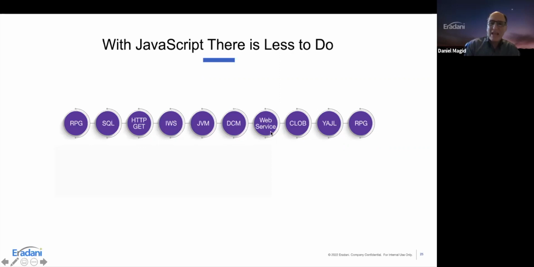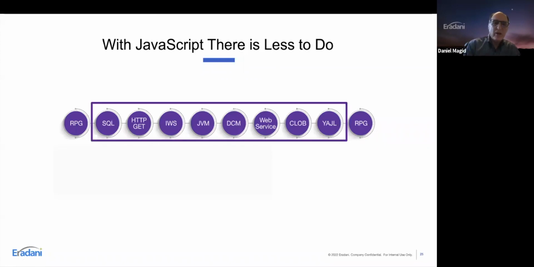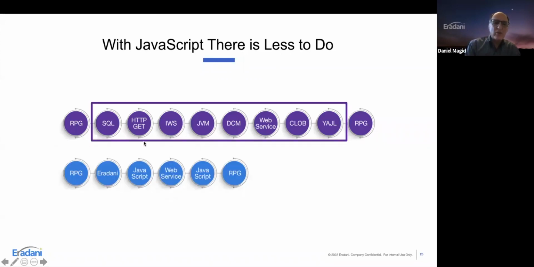You then get the data back and put it into a CLOB in the DB2 database, so it's just this big blob of data. You have to use a tool like Agile to parse it and find the fields you need before you can hand that back to your RPG program. If you do that with JavaScript, you eliminate a whole lot of those steps from the process.